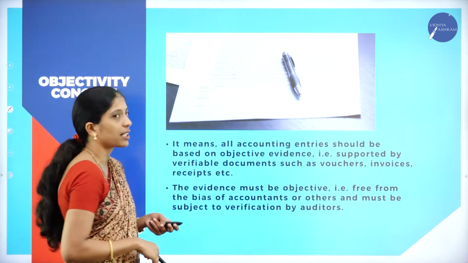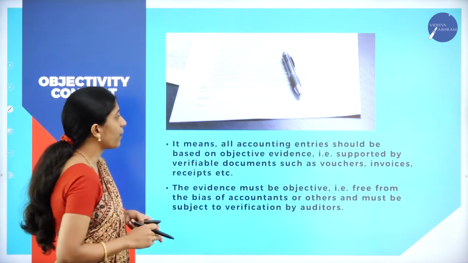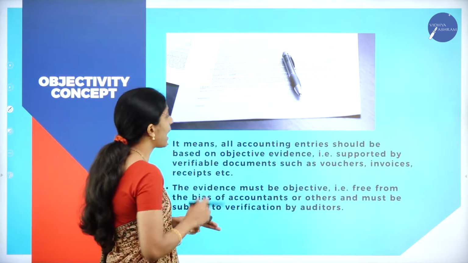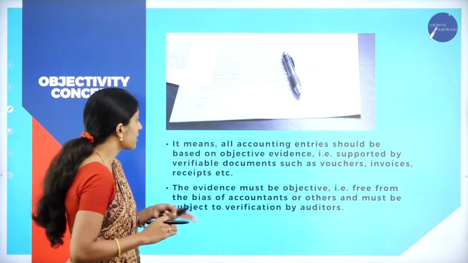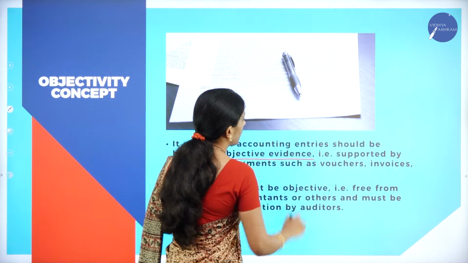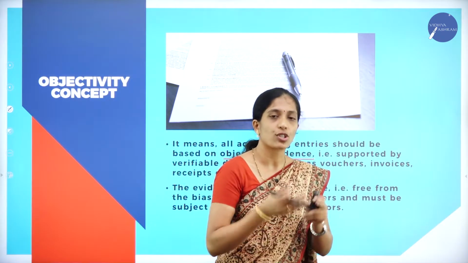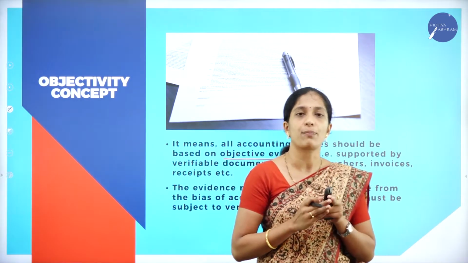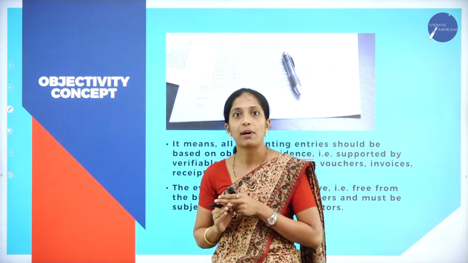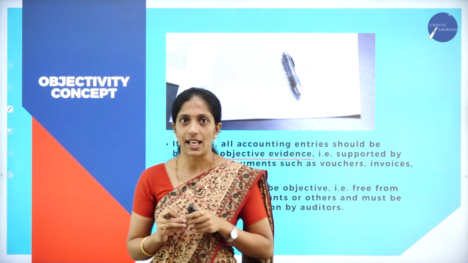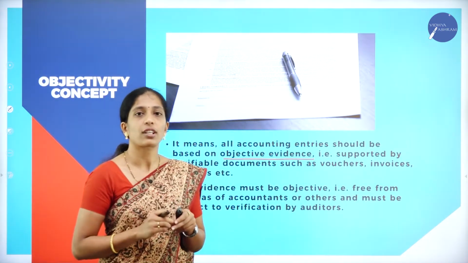Next is the objectivity concept. What is the objectivity concept? It means that all accounting entries should be based on objective evidence. I have already told you in a previous session that whenever you record a transaction in the books of account, it should have proper documentary evidence, without which the transaction cannot be recorded.